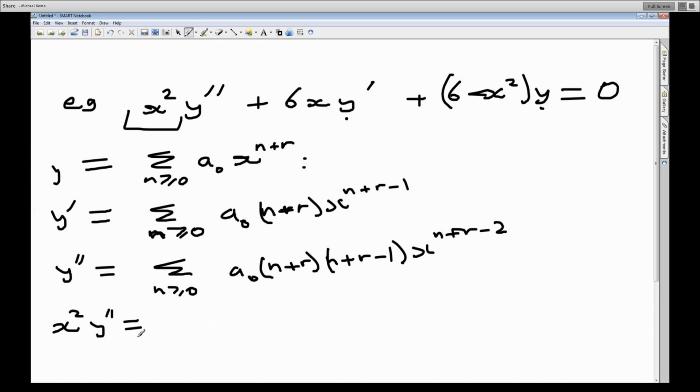Once we sub it all in, we end up with a series equal to 0. Those will both equate so long as all the coefficients are 0. That's the basic idea. The coefficient of the bottom term will give you what's called the auxiliary equation, which is really nice. And the coefficient of the general term will give you what's called a recurrence relationship. Those are really important.